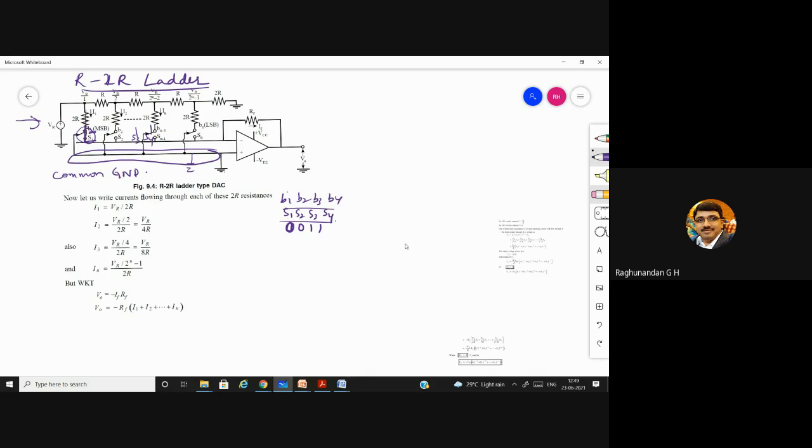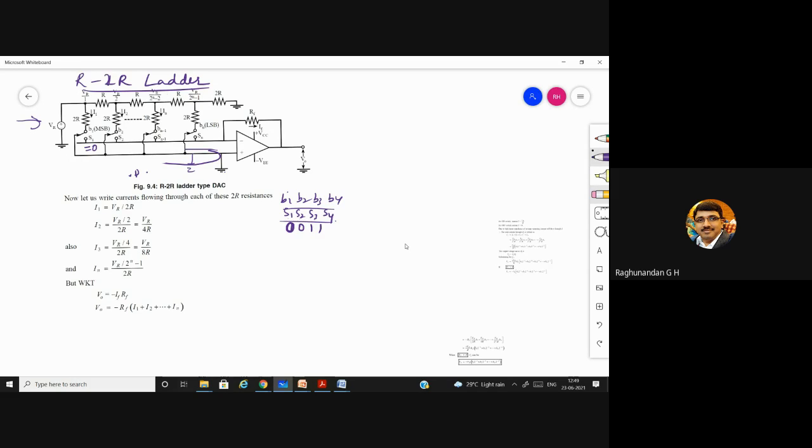When switch S1 is opened, you can observe that this is the case where B1 is equal to 0. The switch is opened and it is connected to the ground. This line is a ground line. When the switch is open, automatically it is connected to the ground, and that indicates that particular bit is 0.